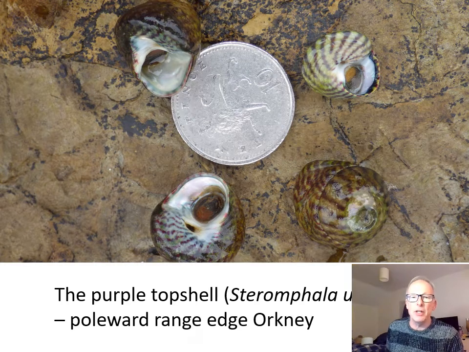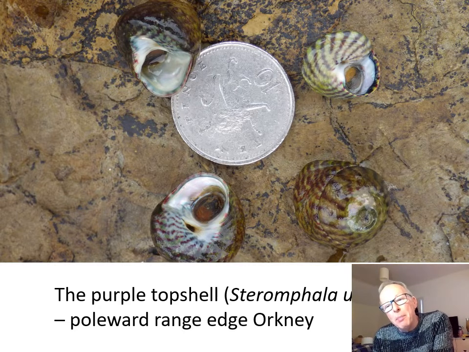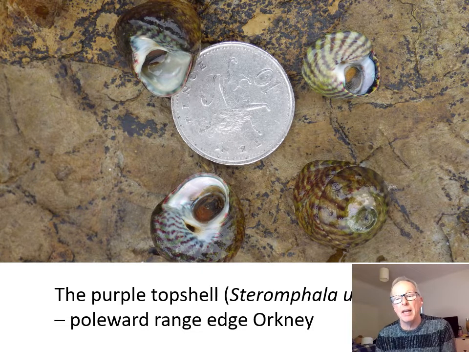Here's another warm water species, the purple topshell Steromphala umbilicalis, whose poleward range edge is in Orkney. There seems to be some evidence that the populations of this particular species in Orkney are increasing and starting to appear in places where they previously hadn't been seen. So potentially a range edge extension is going on here at the same time.